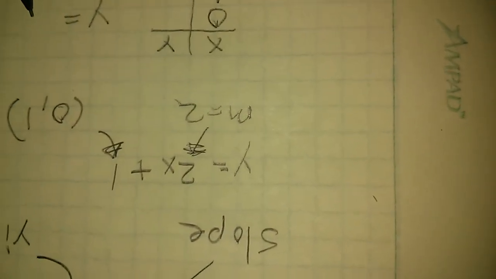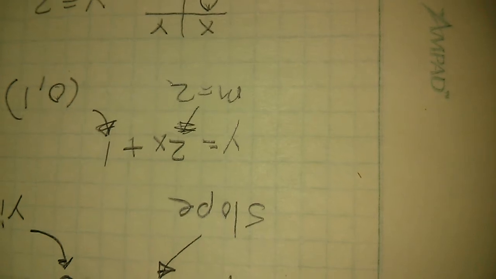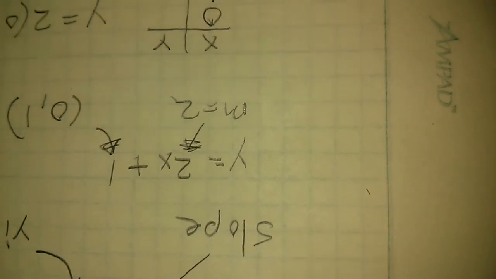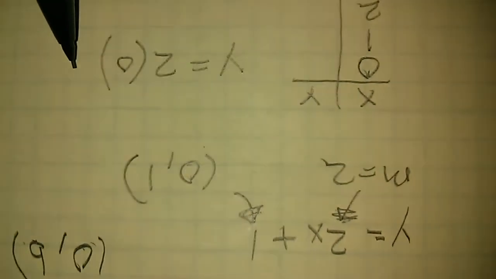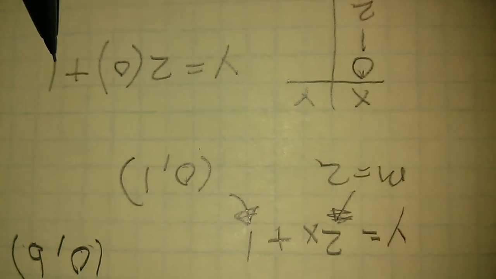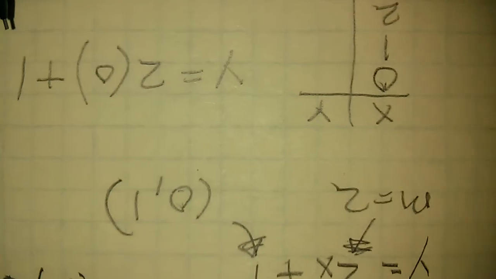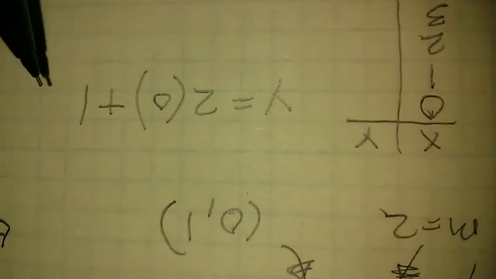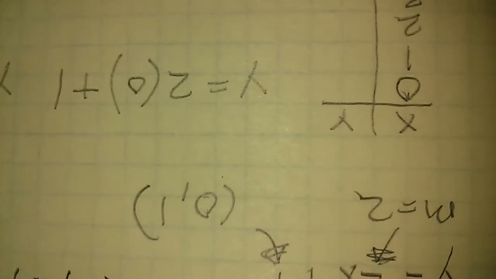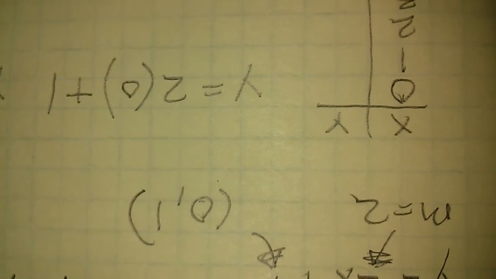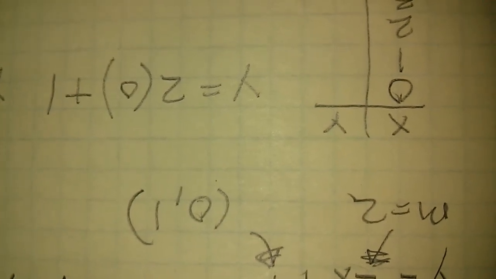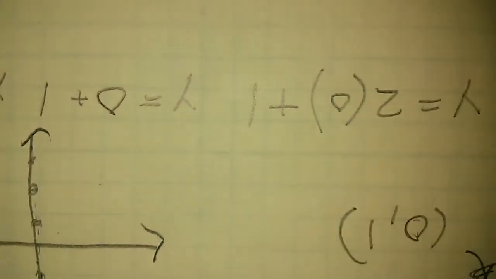Well, I kind of already know the first one. Let's plug it in anyway. So we're just going to plug a 0 in for x. So 2 times 0 is 0. Got the plus 1 here. y equals 1.